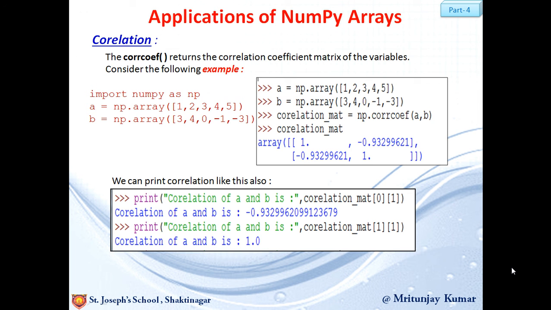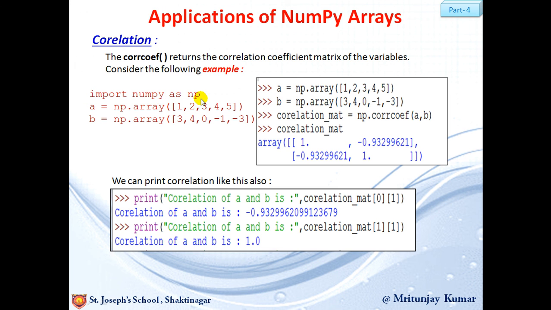So this is an example of correlation. The NumPy CORRCOEF function returns the correlation coefficient matrix of the variables. You can see this in this example.